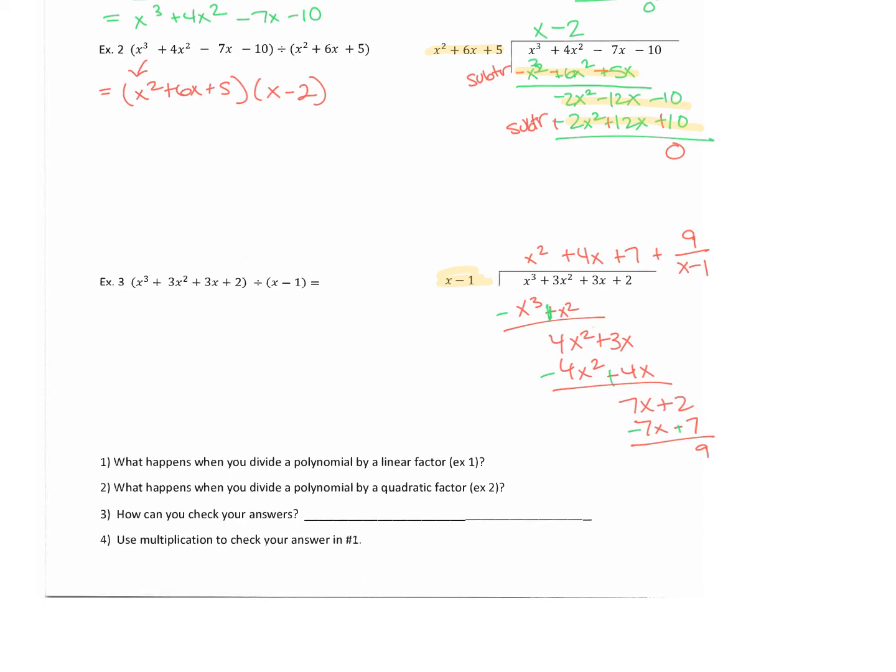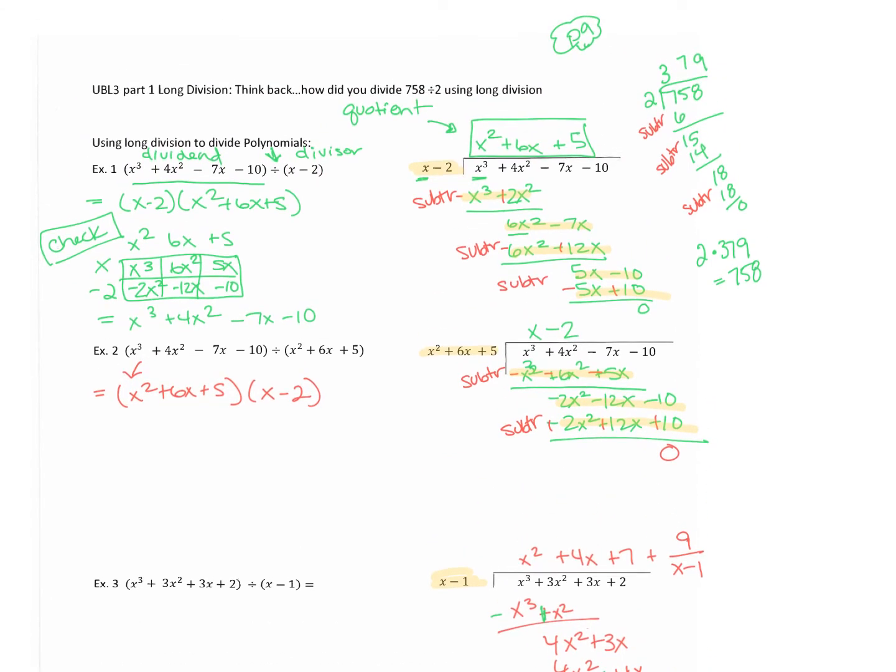So down at the bottom it says, what happens when you divide a polynomial by a linear factor? So if you look up at number 1, our x minus 2 is a linear factor because it's x to the first power. It was an x to the first. Well, you'll notice that we started with a degree 3 polynomial, an x cubed, and after I divided by a linear term, I got a degree 2, an x squared quotient.